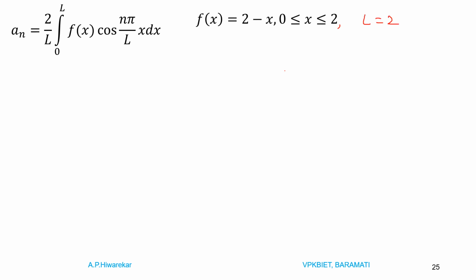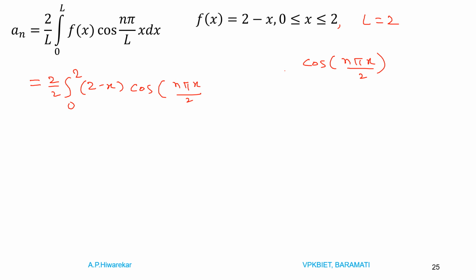So the value of an is 2 by 2, integral 0 to 2, 2 minus x, then cos of n pi x, L is 2, so the angle is n pi x by 2. So this is cos of n pi x by 2, then dx.